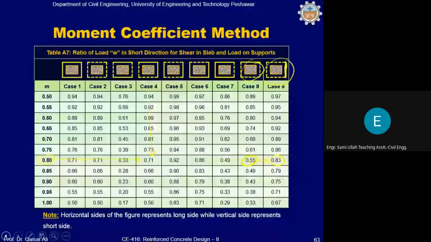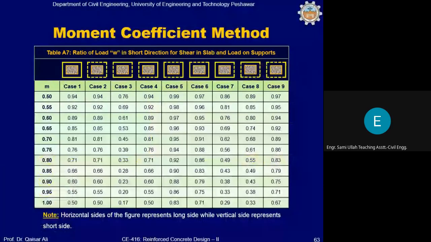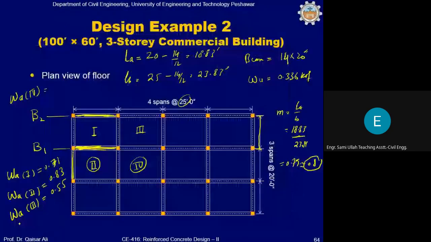Case 2, yes, because all sides are continuous. So this is the coefficient value, 0.71. So WA for panel 4 is equal to 0.71.